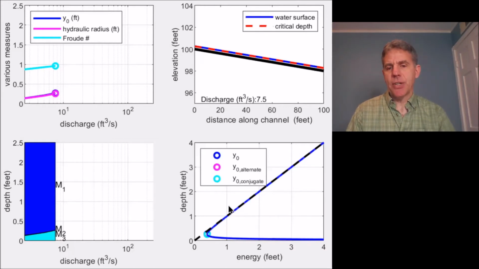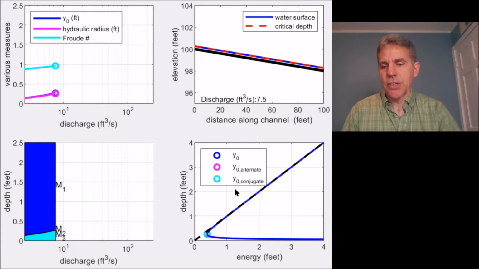Unfortunately, in this animation, so that I could have flows that are both subcritical for one range and supercritical for another range, it turns out that the conjugate depth is never much different than the alternate depth. And so you will apparently see just one of these quantities, the conjugate, but you should know that the alternate is just beneath it.